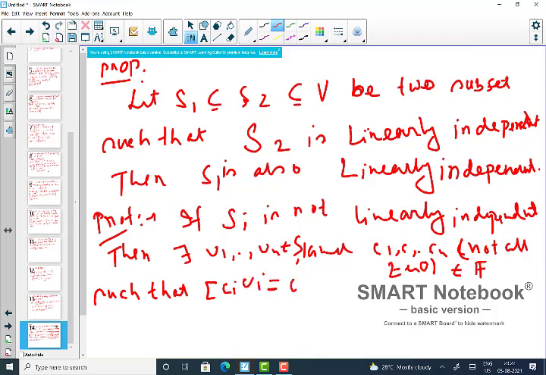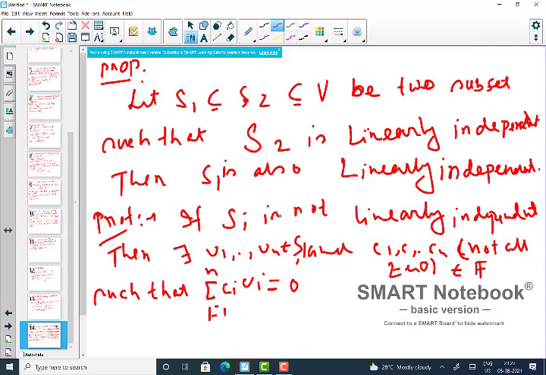It will be linearly dependent, right? But the problem is that these v_i's are also elements of S2, and S2 is linearly independent. So if you choose constants which are not all 0, then the summation cannot be 0 inside S2.